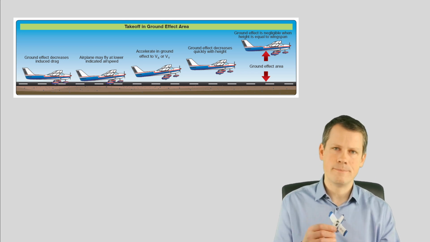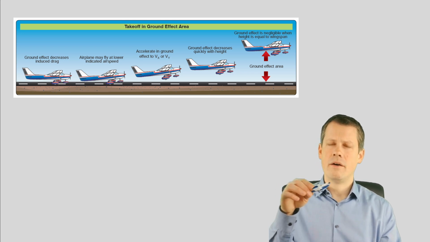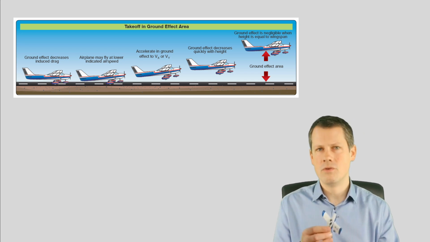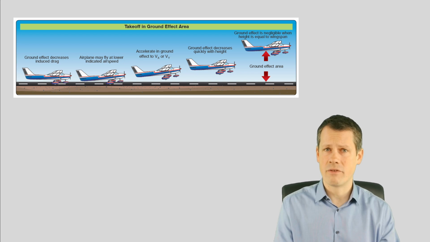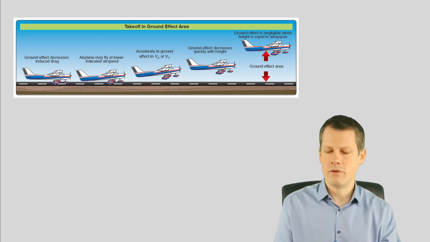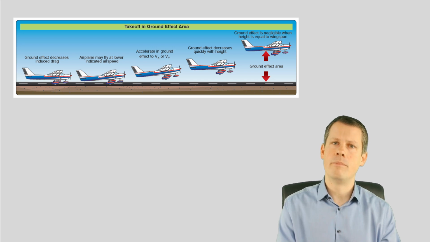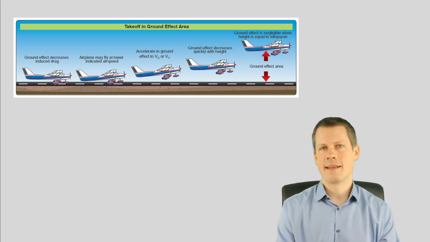So if it's 55 knots, you shouldn't fly 65, because then this will be closer to Vy probably, and you will not have the greatest angle of climb that you need if you want to avoid some obstacles. So really be careful to fly your speed as exactly as possible.